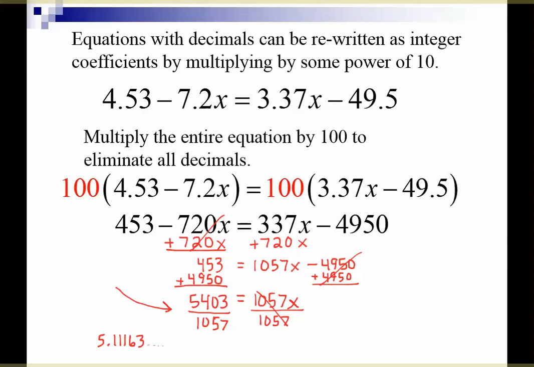And I asked you to round to the nearest tenth. Okay, so we'd be rounding to the nearest tenth. That is going to be 5.1. And since we rounded, you want to have that approximation symbol in there. So x is approximately equal to 5.1. Or you can have 5.1 is approximately equal to x.